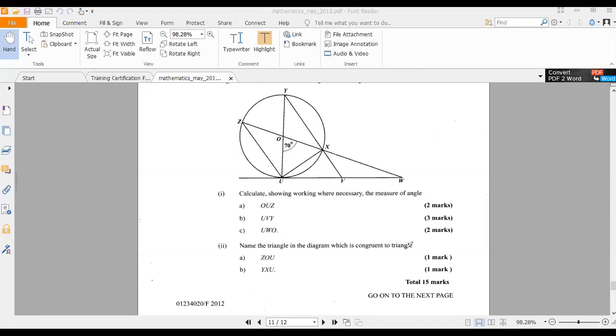Congruent means same size, same shape, something like that. So they gave you that you are going to name another triangle in this circle theorem diagram which has the same angles and shape as ZOU. YOX.